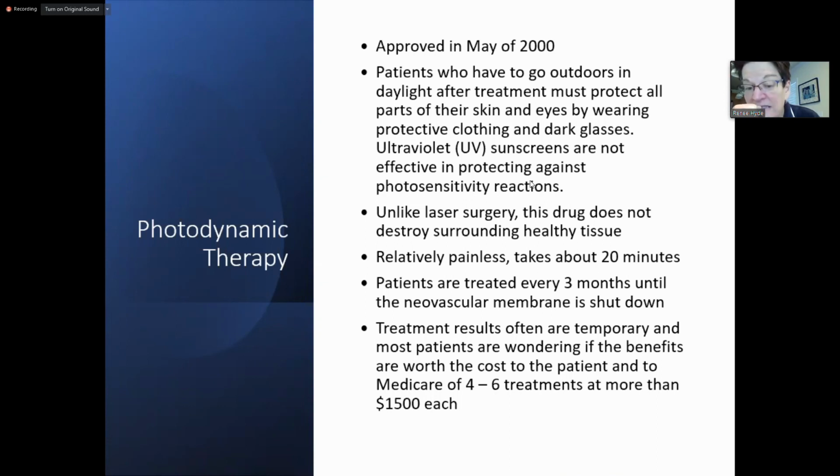It is often temporary, and sometimes the patients wonder if the cost to the patient and to Medicare is worth it. I mean, 4 to 6 treatments at more than $1,500 each. But it's really sort of cool if you think about it.